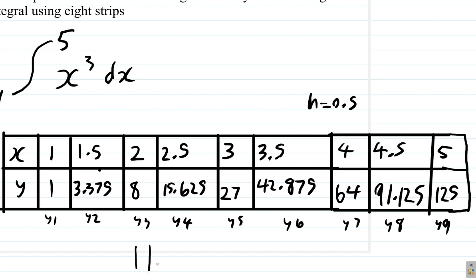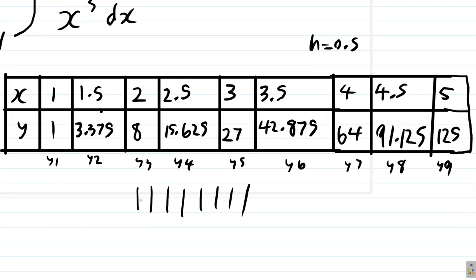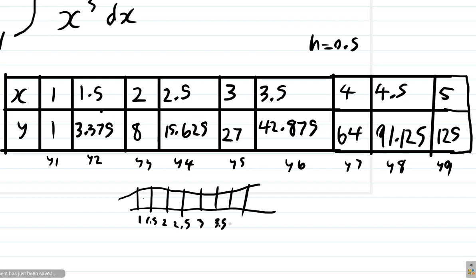If we had the graph with the curve, it would be strip 1, 2, 3, 4, 5, 6, 7, 8, from 1 to 1.5, 2, 2.5, 3, 3.5, 4, 4.5, and then 5.